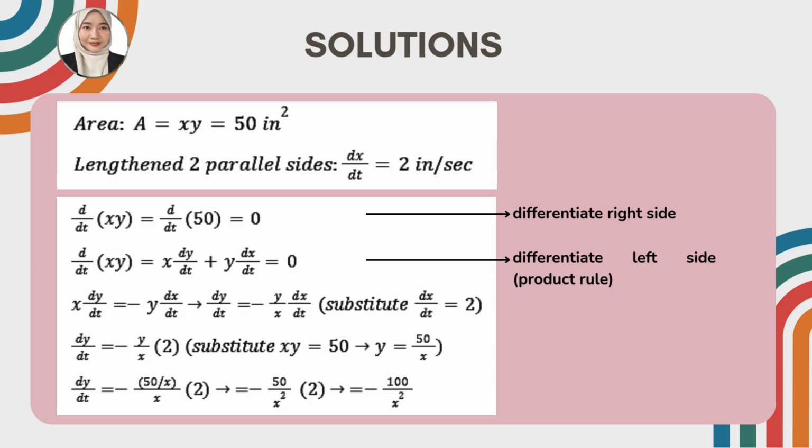Next, we already know the y value because in the question it's stated that xy equals 50, so y equals 50 over x. Then we substitute the y value into dy/dt, and the final answer is dy/dt equals negative 100 over x squared.